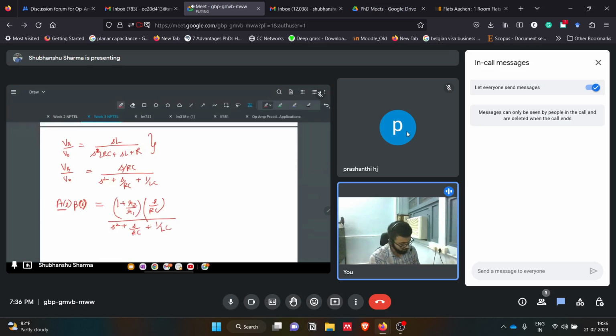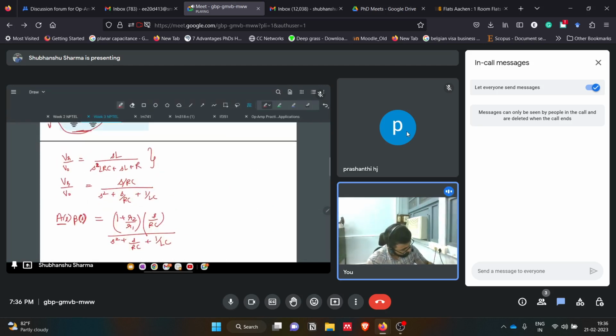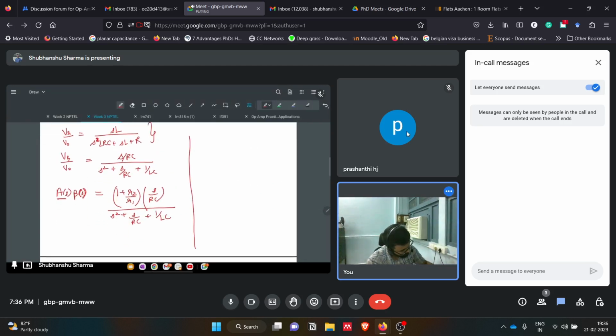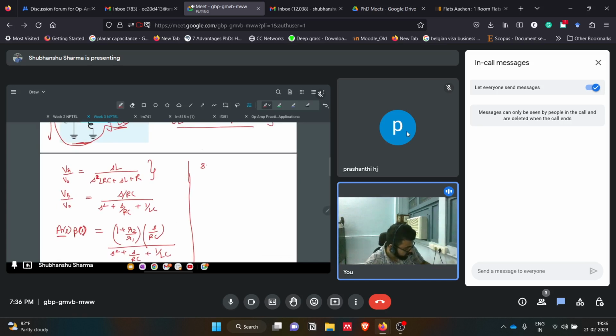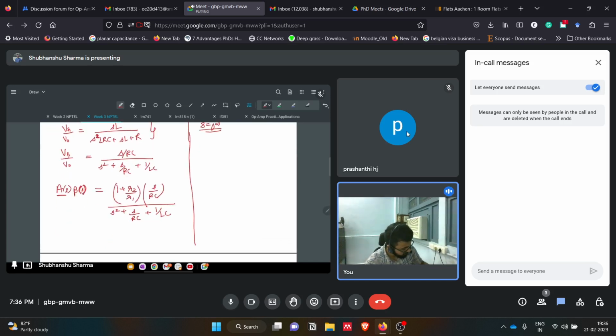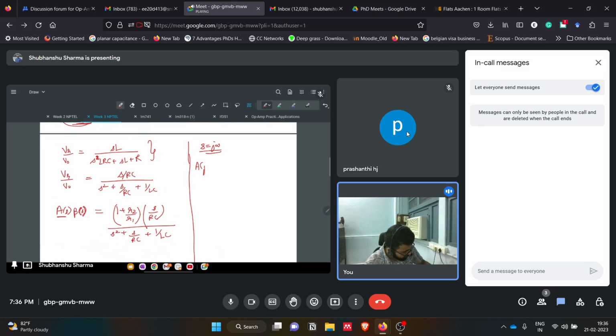Now if we substitute S equals j omega, A of j omega times beta of j omega will be equal to 1 plus R2 by R1, times j omega by RC, divided by minus omega squared plus j omega by RC plus 1 by LC.